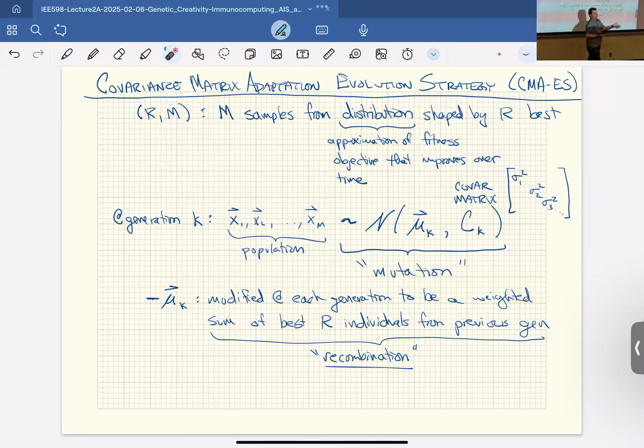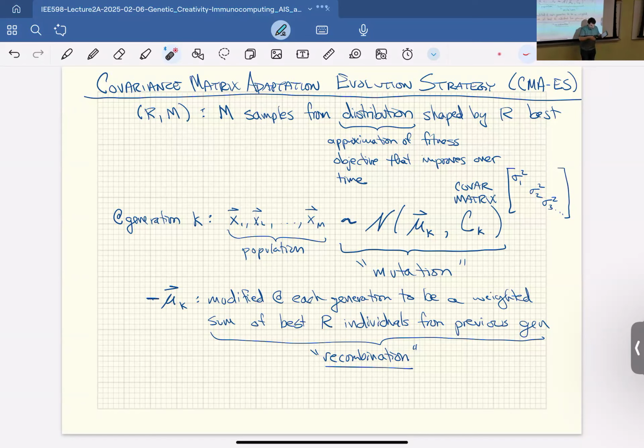So maybe 75% the one that is the best, and so on and so forth. How that vector is chosen is beyond the scope of what I want to talk about here, but just a vector of weights that is assigned to those parents. Those then generate a new mean of this distribution, which is the weighted centroid, the weighted average of the best parents in this distribution.